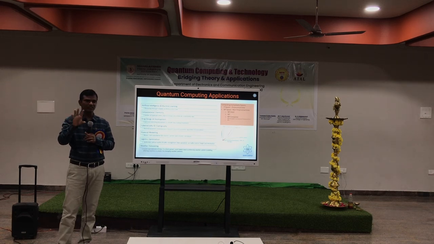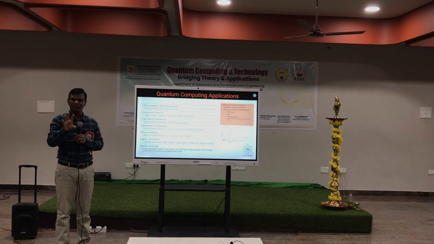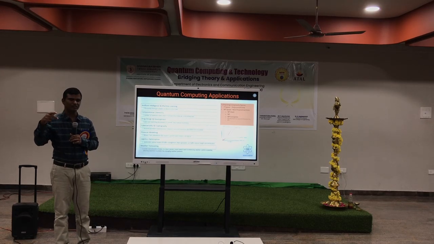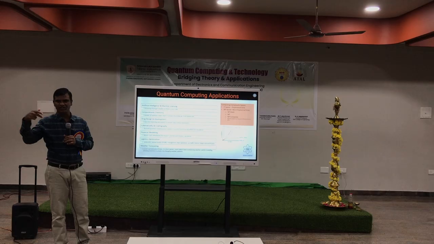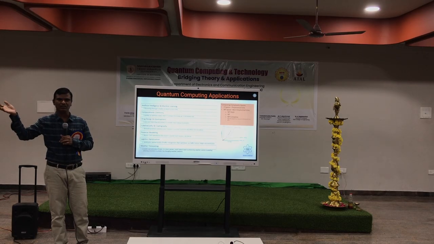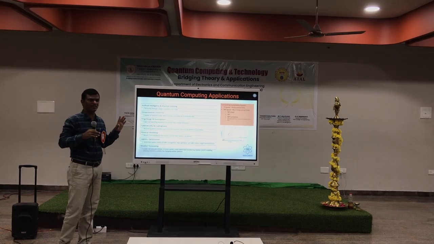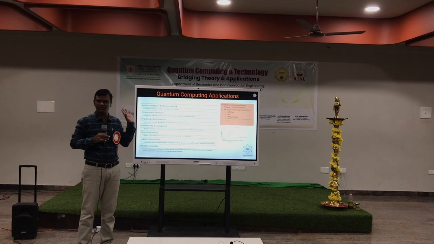They will study all these parameters, generate the algorithms based on them, and send them for program writing. They will test it. Like that, all the complex things can be easily done using quantum.